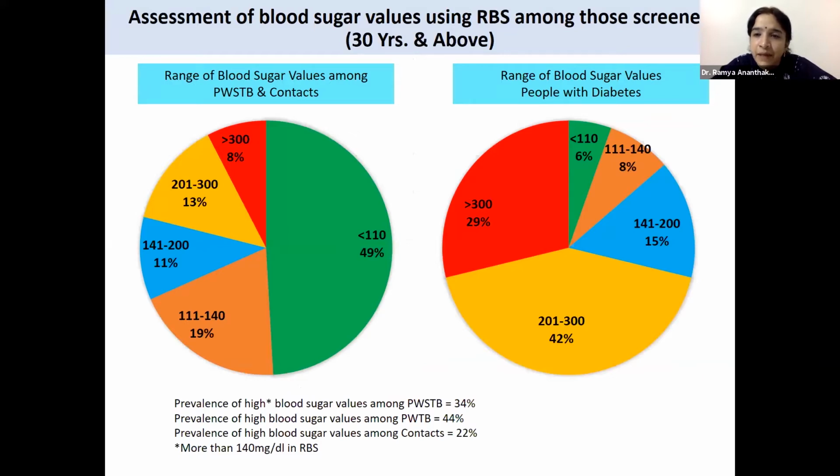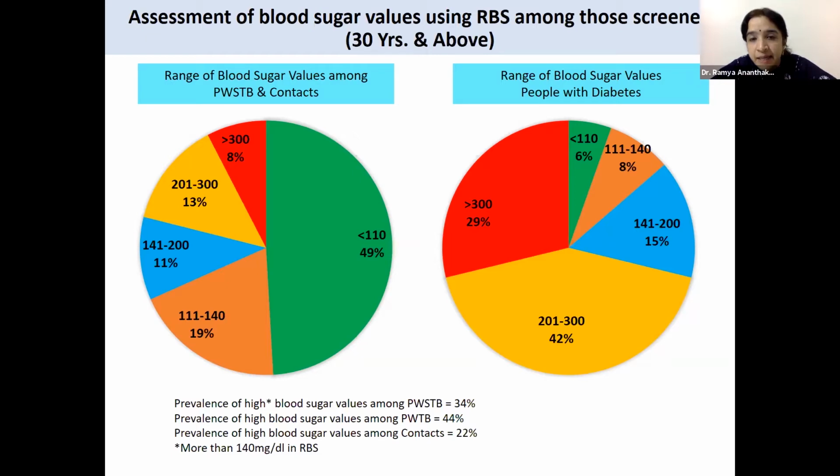So when we looked at the blood sugar levels using RBS among those screened, and this we did as part of our screening, as you can see among the people with symptoms of TB and contacts, the blood sugar levels, if you look at, let's say, 200 plus, about 20% of all those who were tested had nearly 200 plus blood sugar.